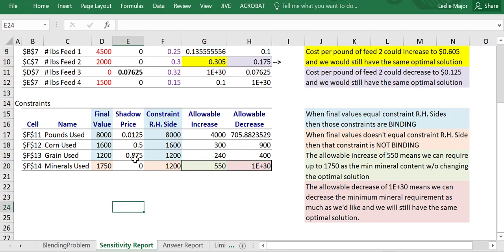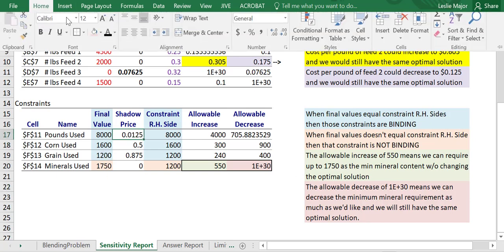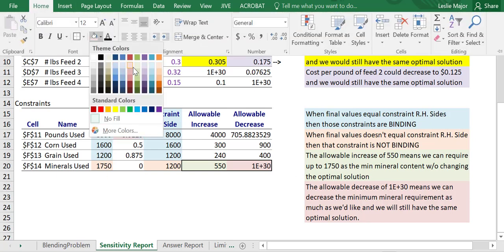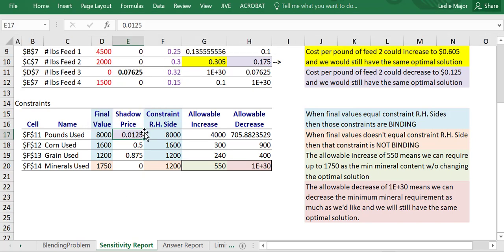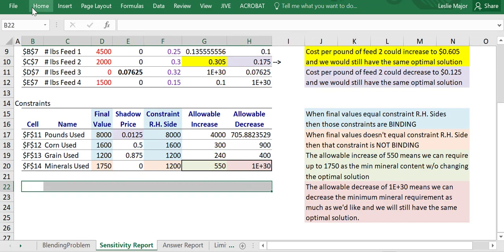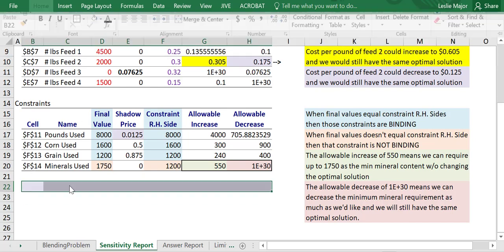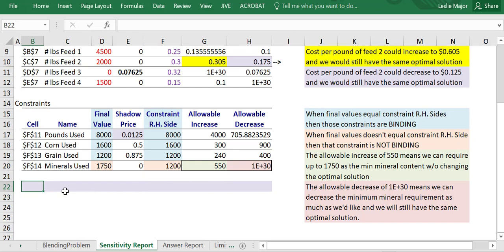Now let's also talk about these shadow prices just briefly. Let's look at this first shadow price right here. What it tells us is how much our objective function is going to increase for a 1 unit increase in this right-hand side of the constraint.